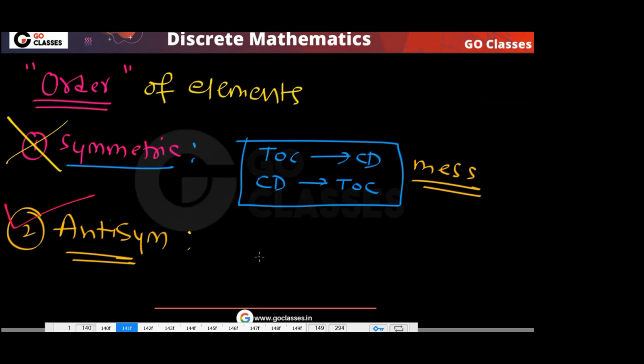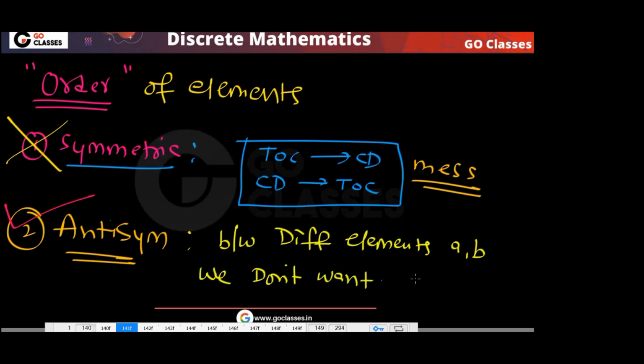Between different elements A comma B, we don't want this type of situation. So we definitely want the anti-symmetric property. Yes or no? Agree? That's the reason the anti-symmetric property is useful here.